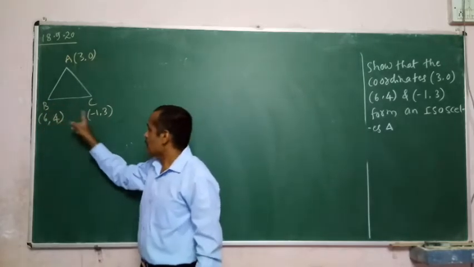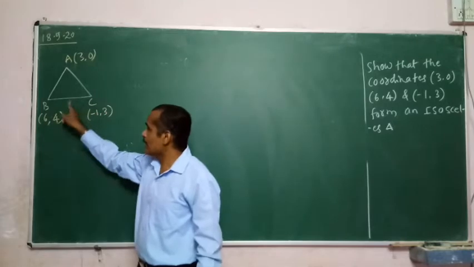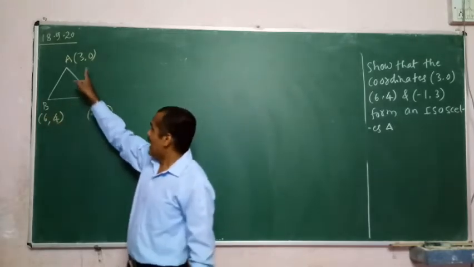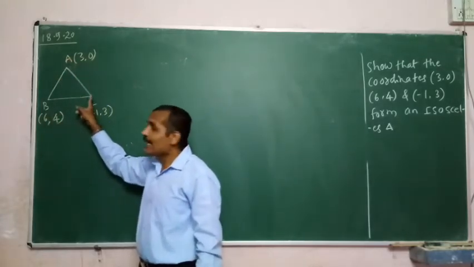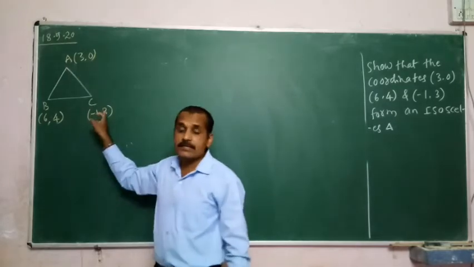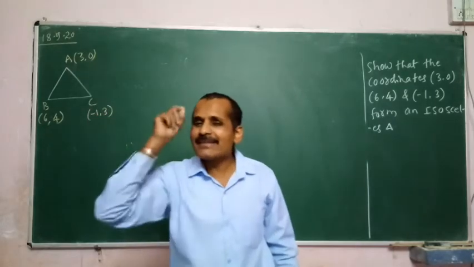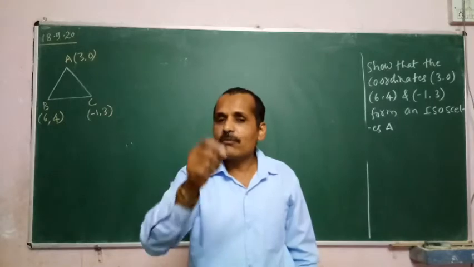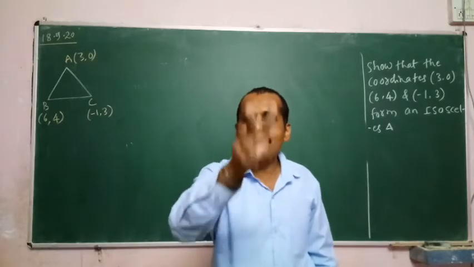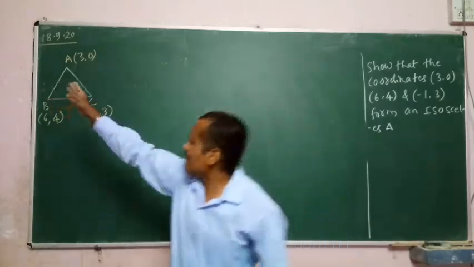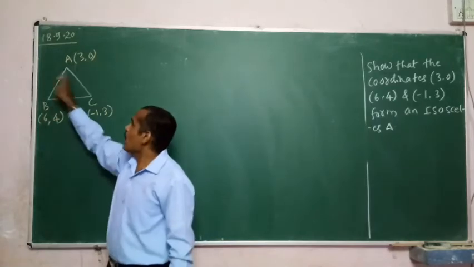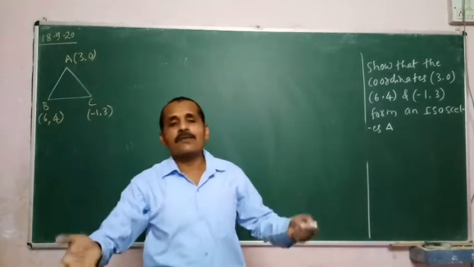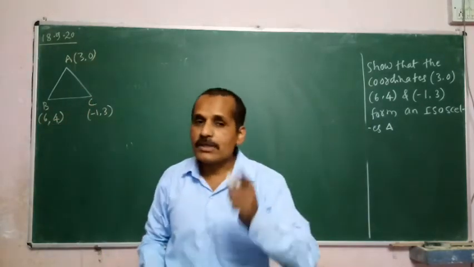You are getting one more value here using these two coordinates. And you are going to find the length of AC using these two coordinates. That means the distance formula has to be applied thrice. And somewhere you should get 2 measurements the same, either these two or these two or these two. When 2 lengths are the same, we can call it an isosceles triangle.